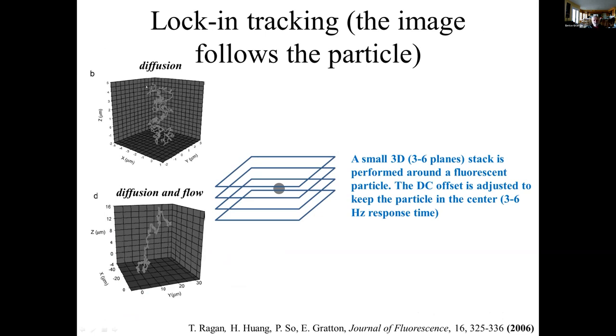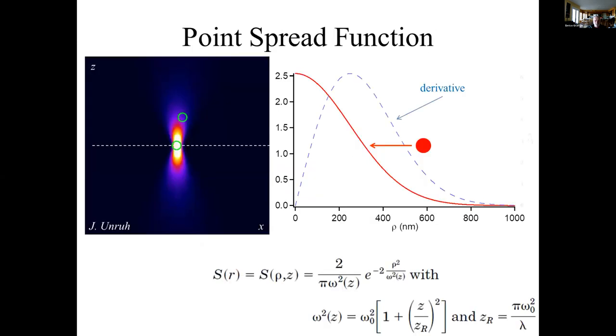Really, many years ago, we thought that if we can do a very fast image of a region of a cell, and by very fast I mean, but still we need to have only one particle in that position, then we can track the particle. And this is very important because it gives us an idea of how fast you have to go and how fast you have to measure.